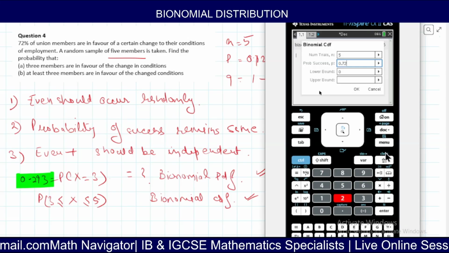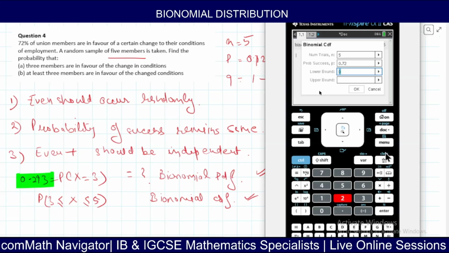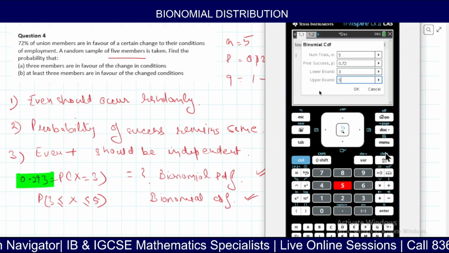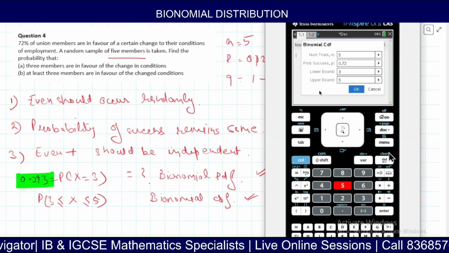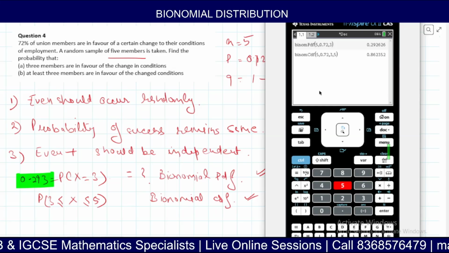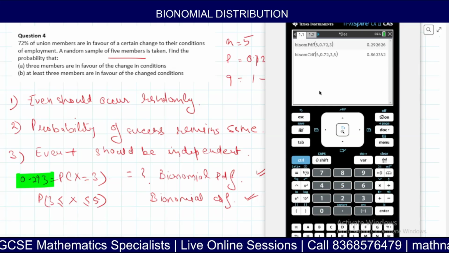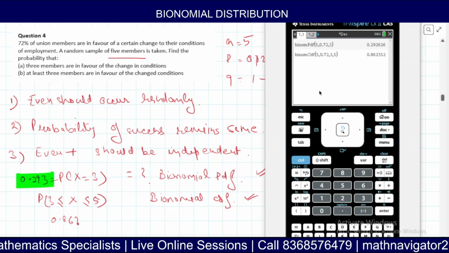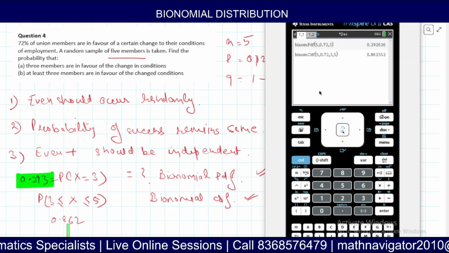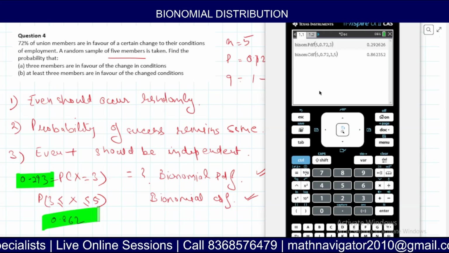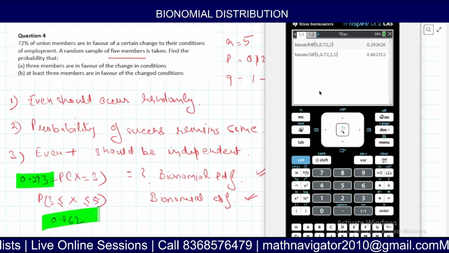That is perfect. Lower bound is 3 and the upper bound is 5. Hit enter. So my answer is 0.862. So the answer for this is 0.862. Done. So I hope you have understood whatever we have done till now, right?